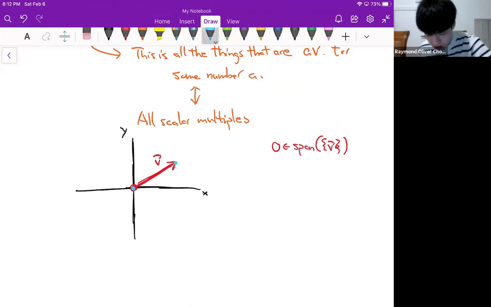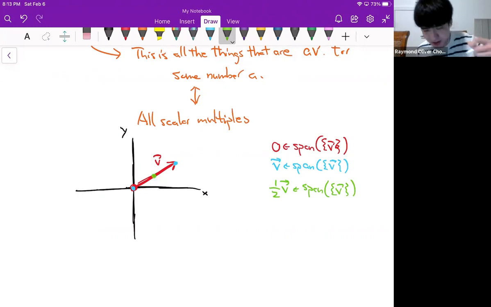We know that v itself is in span of v, right? So that gets filled in. We know that 1/2 v is in span of v, right? Because, well, it's a number, right? What's another number? What about -2, right?